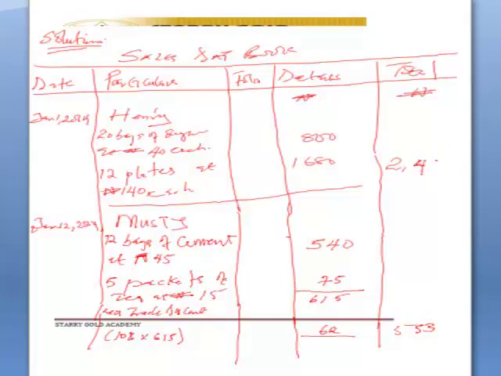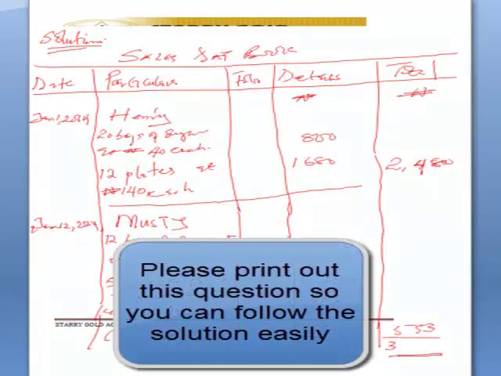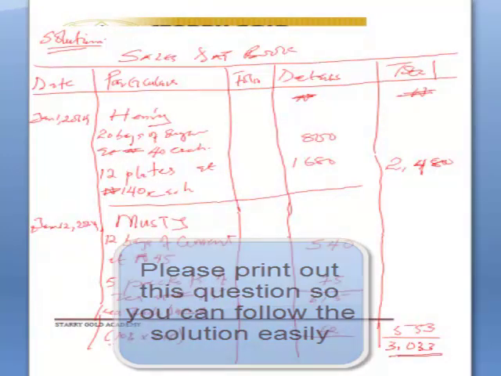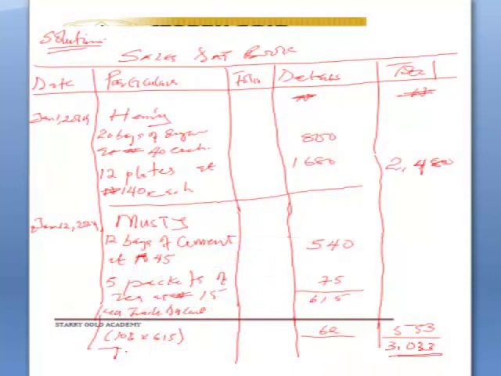So when we add 2480 plus 553, it will give us a total of 3,033. So this is what we are transferring. We say transfer to sales account.